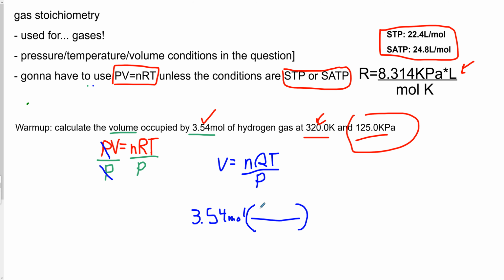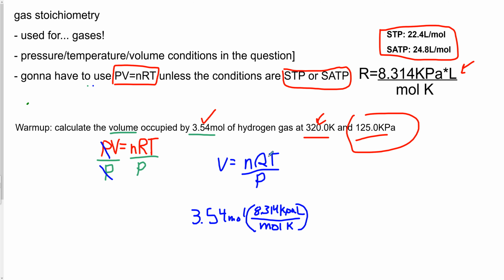It's 8.314. And the units, yes, I'm going to ask you to do the units. kPa liters divided by mole Kelvin. Yeah, it's awkward and weird, but you guys crushed that in gas laws, so I'm not too worried about that.